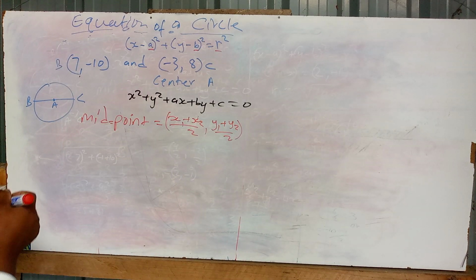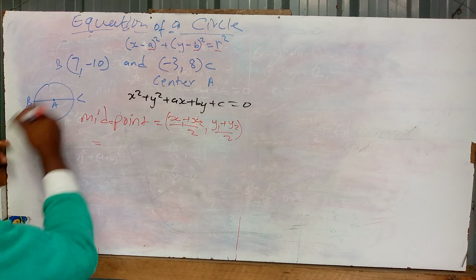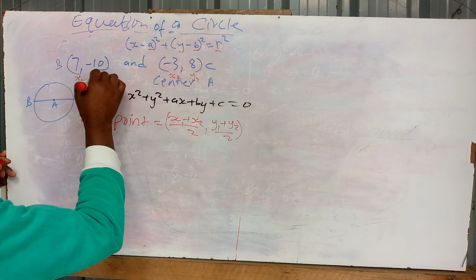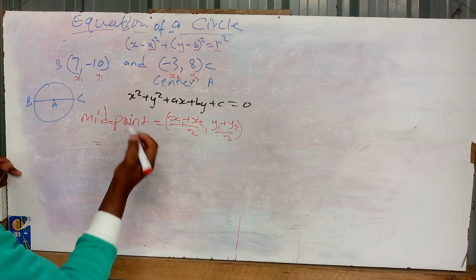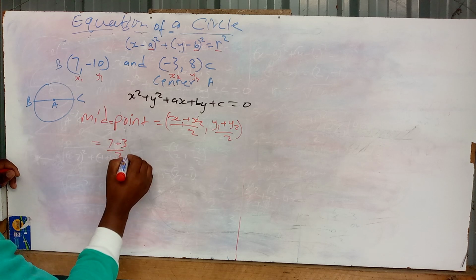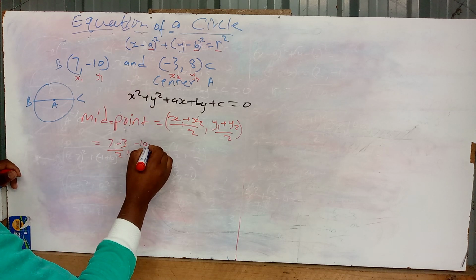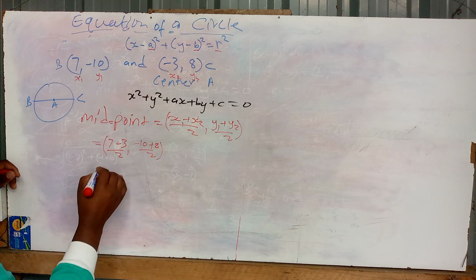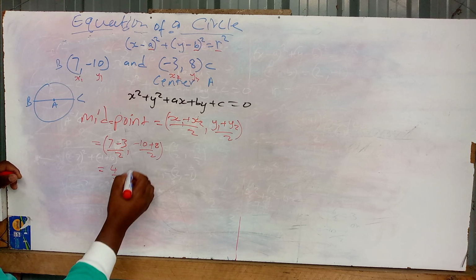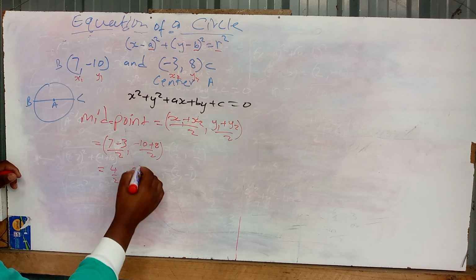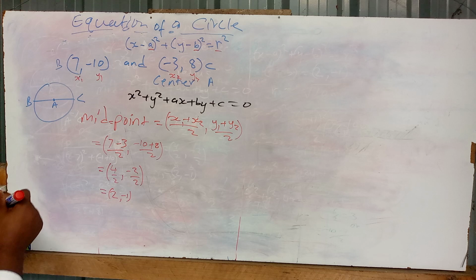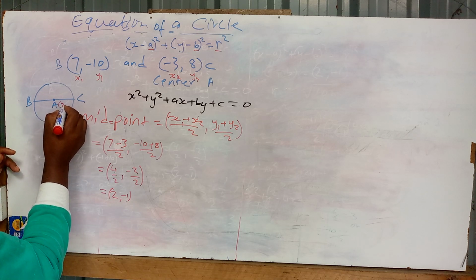If you take this one as x1, y1 and this as x2, y2, then adding x1 and x2, 7 plus minus 3 divided by 2, and the other one, minus 10 plus 8 divided by 2, this gives us 4 over 2, then minus 2 over 2, which is 2, minus 1. So the coordinates of A are (2, minus 1).